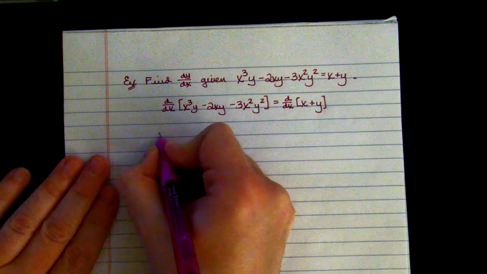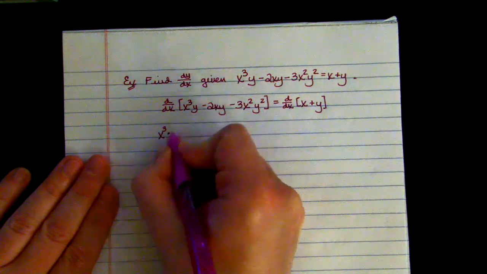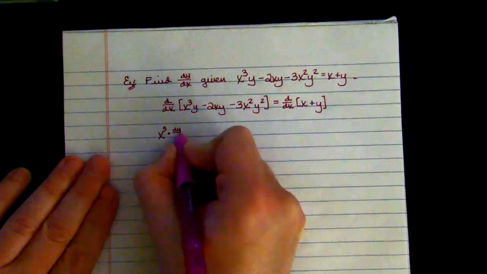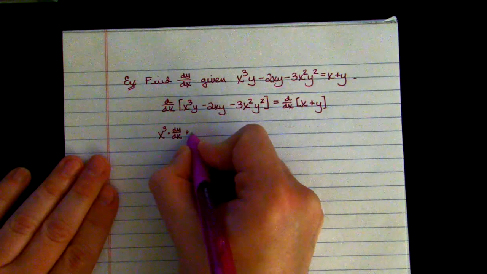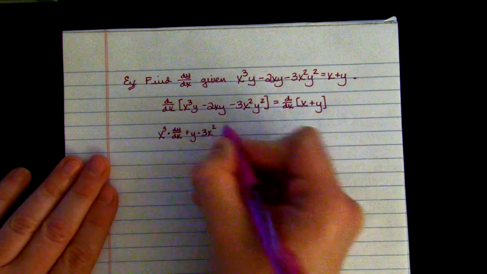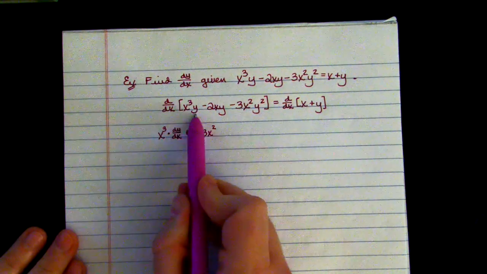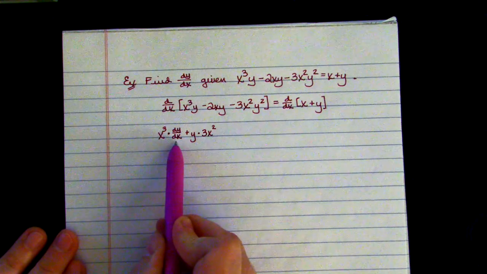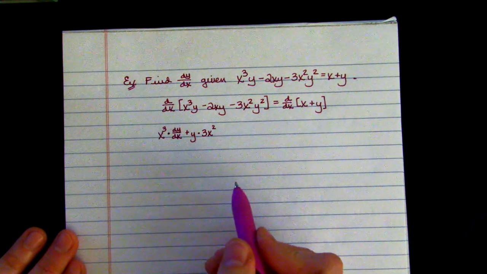First is x cubed times the derivative of the second, well, derivative of y, dy dx, plus second, y, times the derivative of the first, 3x squared. And that's my derivative of x cubed times y: first times the derivative of the second, plus second times the derivative of the first.